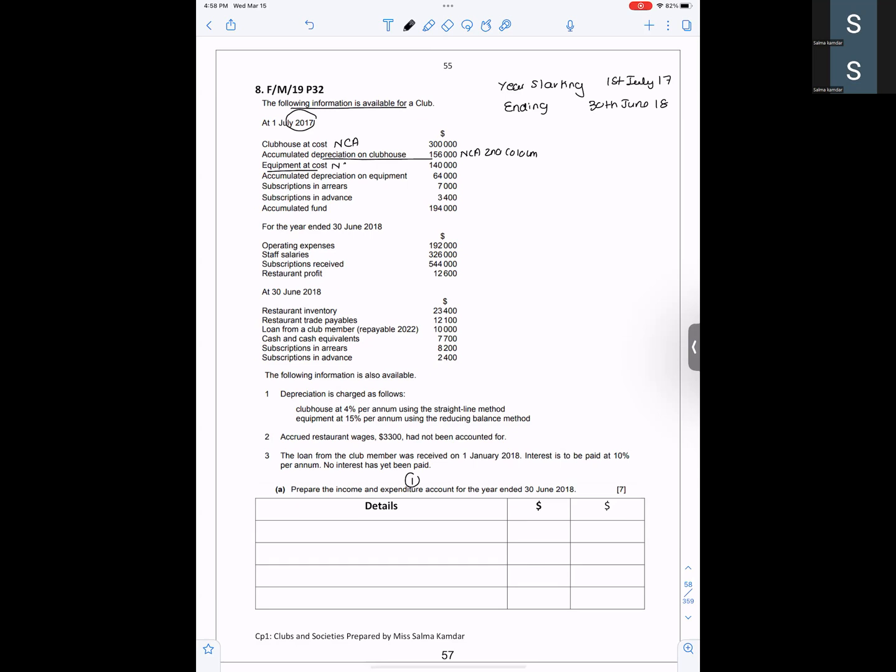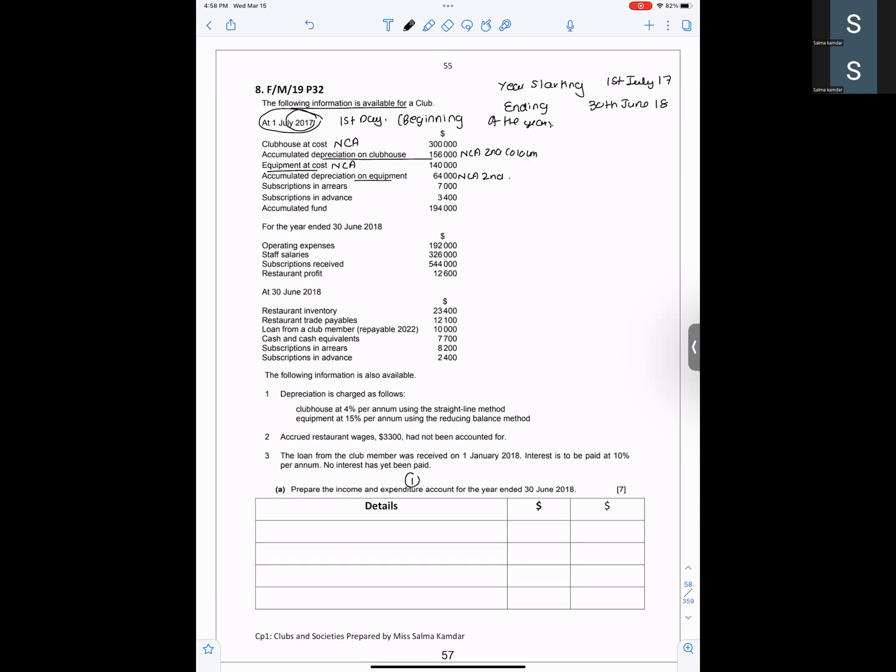This will again be my non-current assets. Accumulated depreciation on equipment. This will be NCA second column. These are details that are available to us on the first day, that is at the beginning of the year.